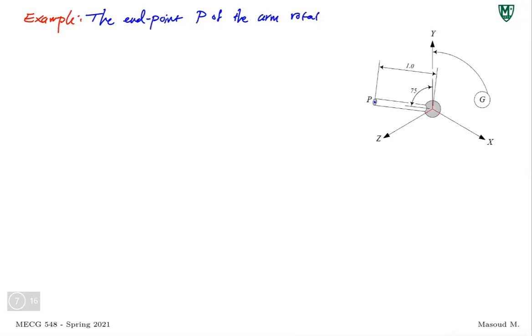Rotates of the arm, let's put it this way. The endpoint P is on the arm, part of the arm, whatever you write it.